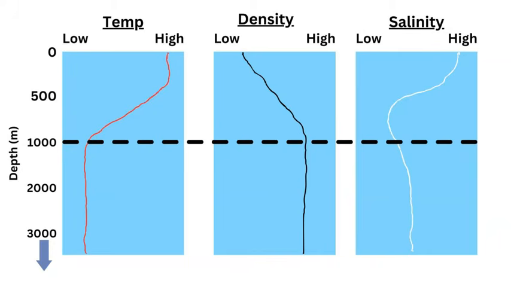The change from that less dense surface water to the denser water from 1,000 meters onwards is called the pycnocline. So pycnocline is density, halocline is salinity, and thermocline is temperature.